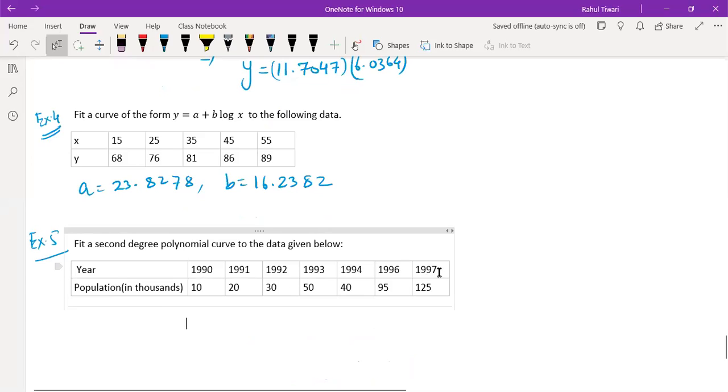recode this data, because when you simply use this data as it is, you won't get the proper answers. So whenever this is year data, you need to do the transformation.